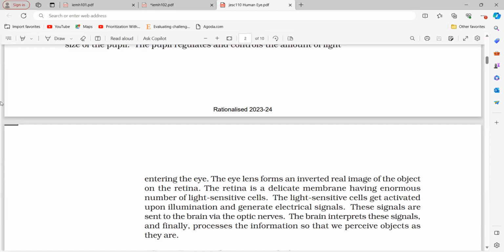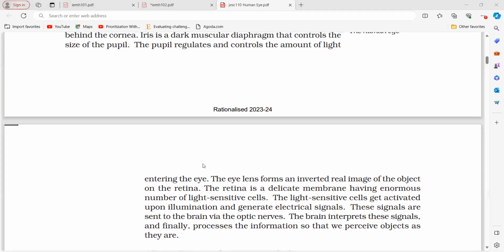Next, the eye lens forms an inverted real image of the object on the retina. Retina is a delicate membrane having an enormous number of light sensitive cells, basically rod cells and cone cells in the human eye.